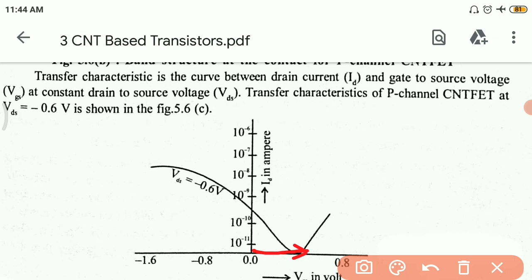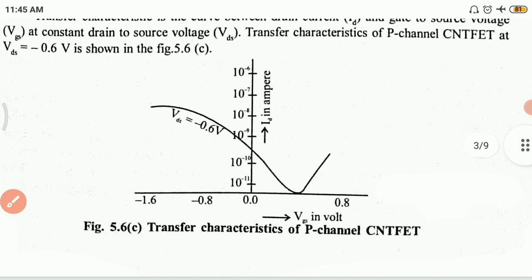If the gate-to-source voltage is negative, then the transistor is turned on and the drain current increases as the VGS becomes more negative. Now this is about the p-channel CNT FET.